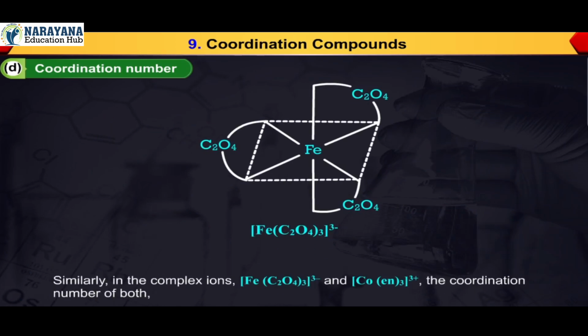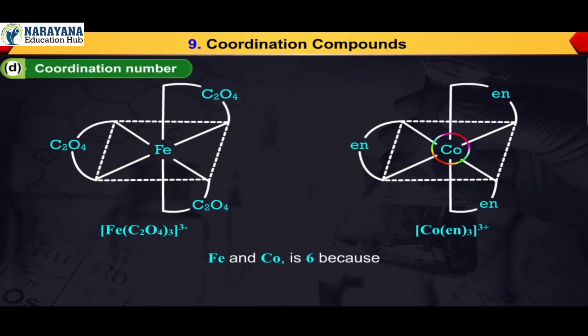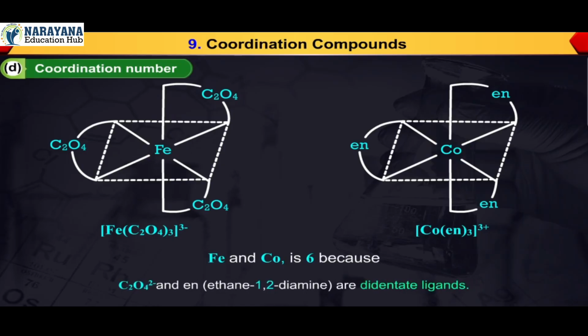Similarly, in the complex ions [Fe(C2O4)3]3- and [Co(en)3]3+, the coordination number of both Fe and Co is 6 because C2O4 2- and en, that is ethane-1,2-diamine, are didentate ligands.